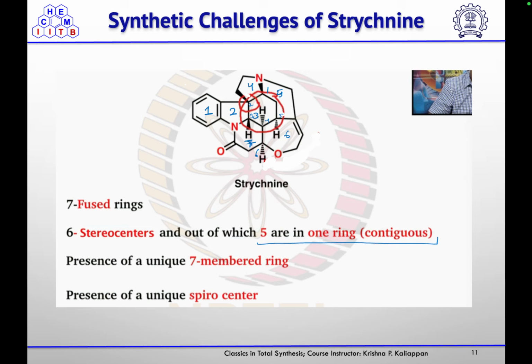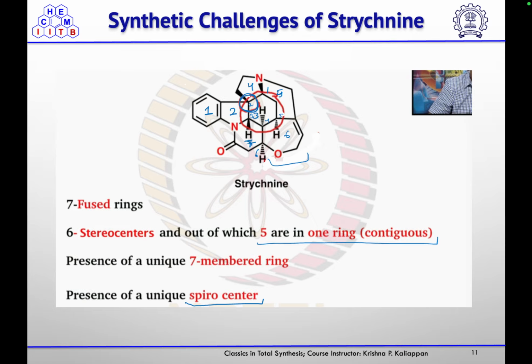Then there is a unique seven-membered ring present in the molecule, that makes the total synthesis of this molecule more challenging. And a unique spiro center is present at this position, which makes the synthesis further difficult.